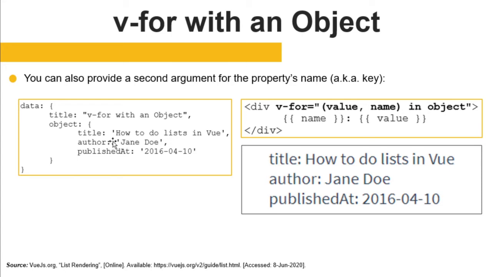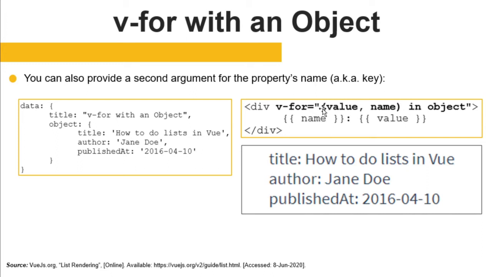So what if, for example, you want to print also the name aside from the value? What we need to do is define the second argument within our v-for directive. This time, after the value, which is an alias for every value stored in our object, we will define a comma and the name as an alias again inside our v-for argument.